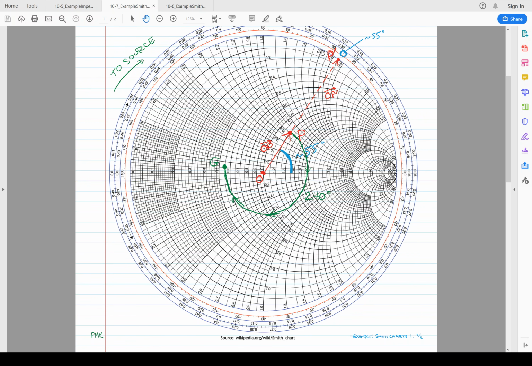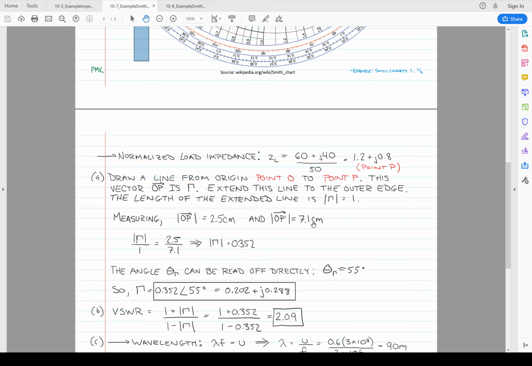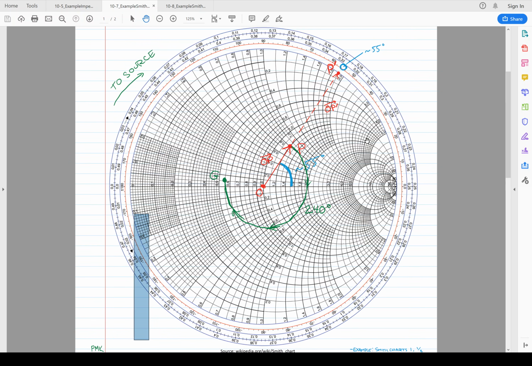The reason I did that is because everything on the outer edge of the Smith chart corresponds to a reflection coefficient whose magnitude is 1, right? Think about how the Smith chart was constructed. That's a magnitude of 1. It's kind of like the unit circle, if you want to think of it like that. I measured the distance from O to P prime, and in this case I got 7.1 centimeters. Again, you might have something different depending on your resolution. So 7.1 centimeters corresponds to a magnitude of 1.